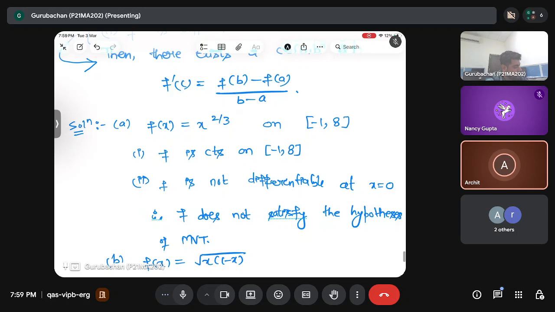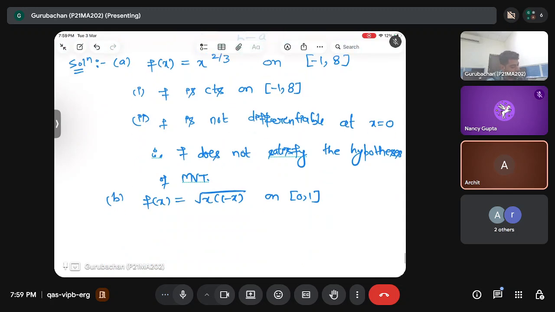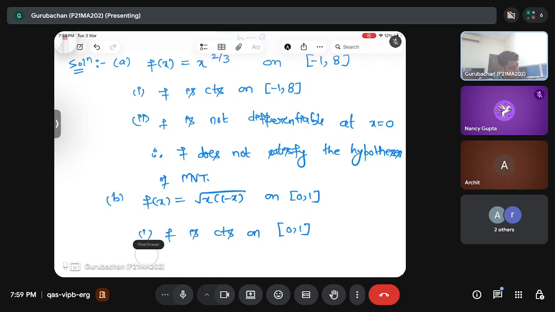Next one is under root x minus x squared. So first one is f is continuous on [0, 1], f is differentiable on (0, 1). Observe here the points that can create the problem are 0 or 1.